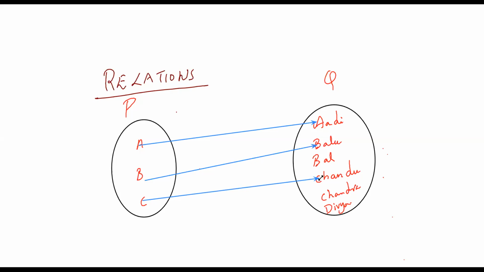So this is called an arrow diagram. How do I represent this relation R? A I can write as A comma Adi, B comma Balu, and C comma Chandu.